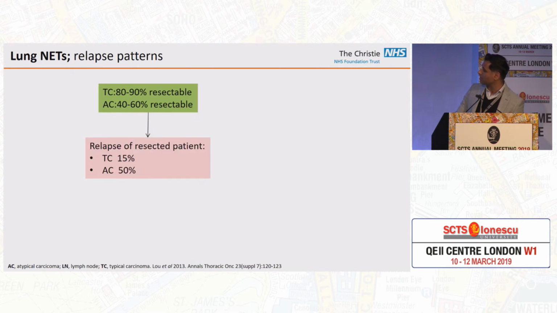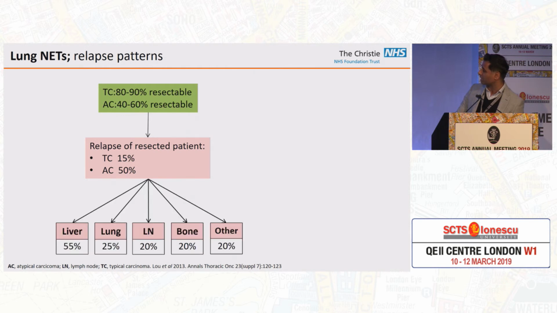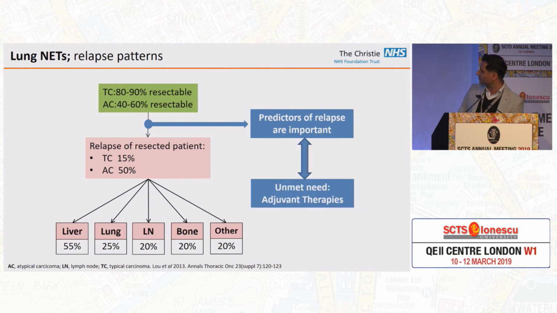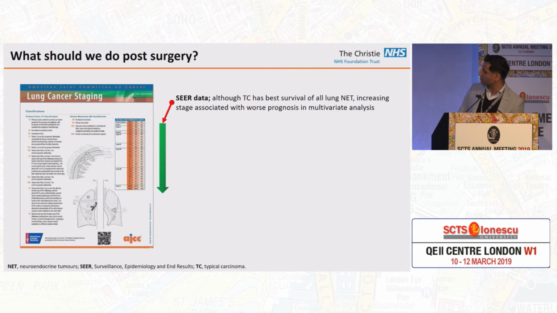And then about 15% of the typical carcinoids relapse and about 50% of the atypical carcinoids relapse. They relapse to that distribution, so mainly liver, but lung, lymph nodes, bone, and the higher grade ones will also relapse to the brain. What we really need are predictors of relapse, and this is where we need to increase our intelligence. And there's a massive unmet need for adjuvant therapies, which I won't have time to cover.